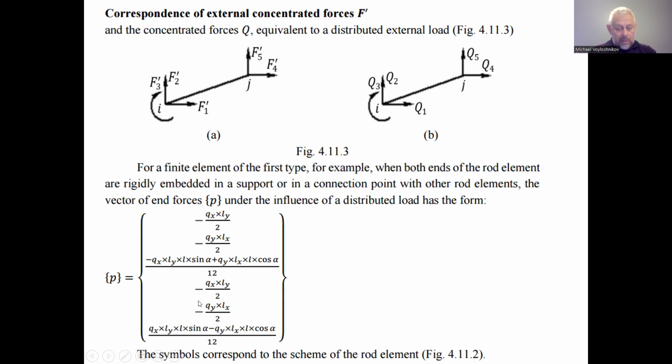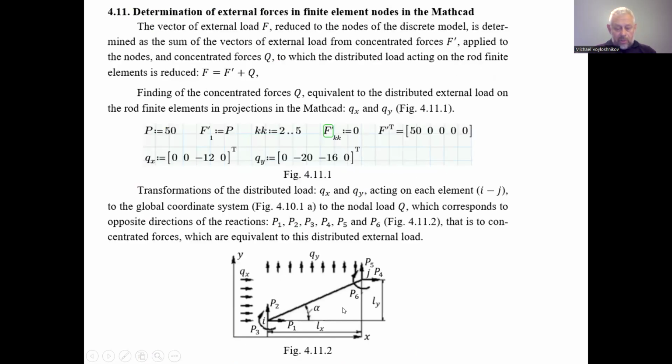And the force components are the same: under the action of distributed load, the force P2 equals P5 and P1 equals P4. This is in a more general approach if we consider the finite element of the first type and the action of distributed load with two components, the horizontal component Qx and the vertical component Qy.